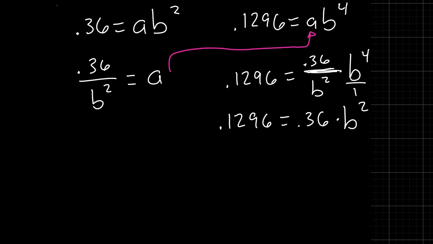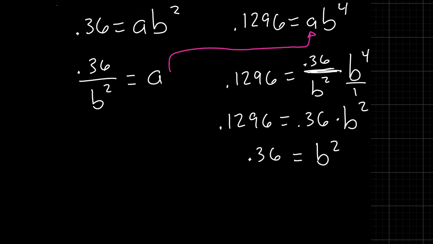So now let me take the 0.1296, I'm using my physical calculator, and divide that by 0.36. And when I do that, I got 0.36. So I divided both sides by 0.36, and on the left hand side 0.1296 divided by 0.36 gave me 0.36, and that equals b squared.